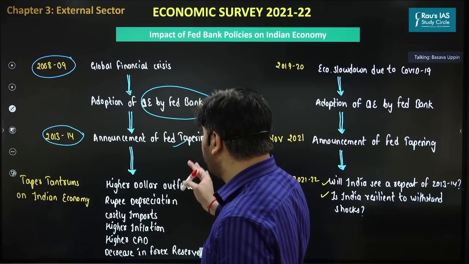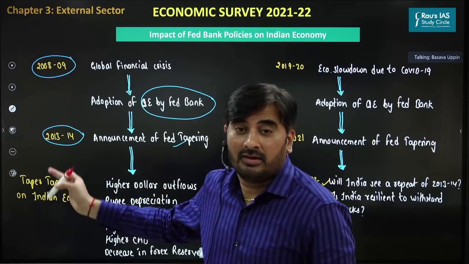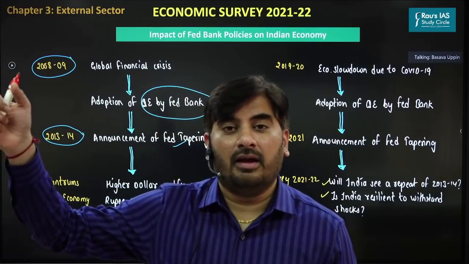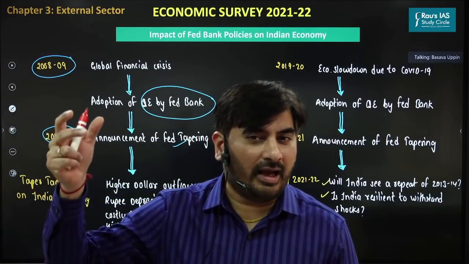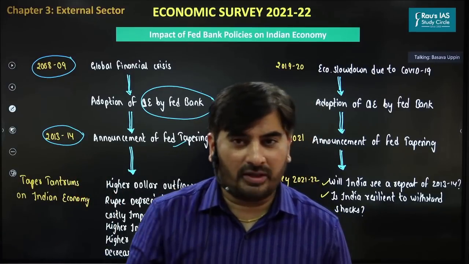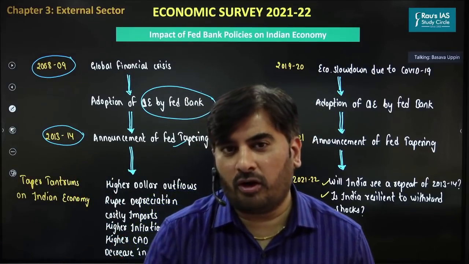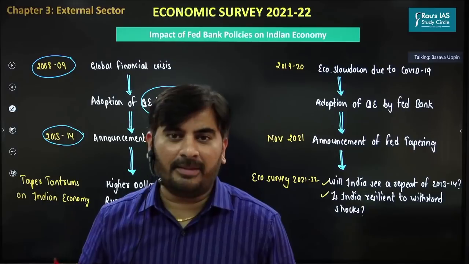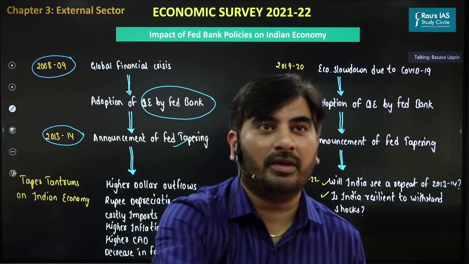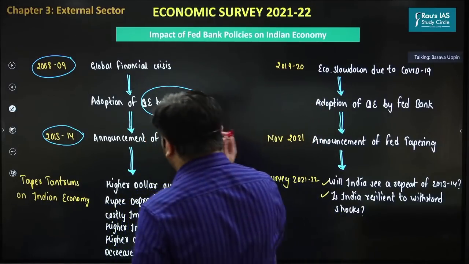So let's say earlier, the US Fed Bank was purchasing bonds worth say $100 billion every month. As part of Fed tapering, slowly we will reduce the amount of bond purchases from $100 billion, say we'll bring it down to 80, to 60, 60 to 40. That we call Fed tapering.